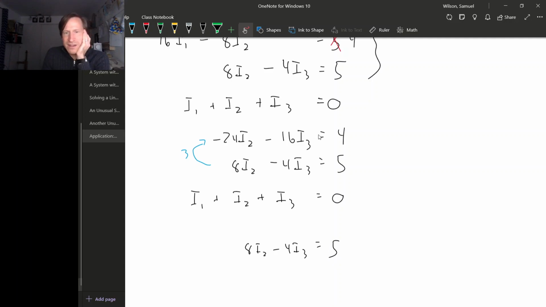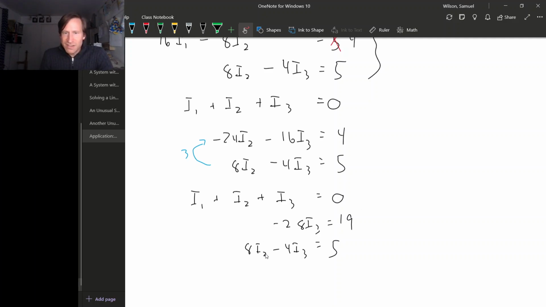And then for the second equation, I'm doing 3 times the third equation plus the second equation. So we get no I2s, and then 3 times negative 4 is negative 12, minus another 16 is minus 28 I3 equals, let's see, 15 plus 4, 19. Okay.